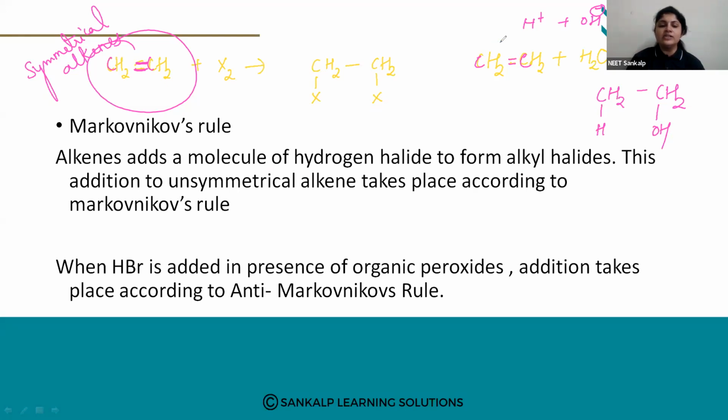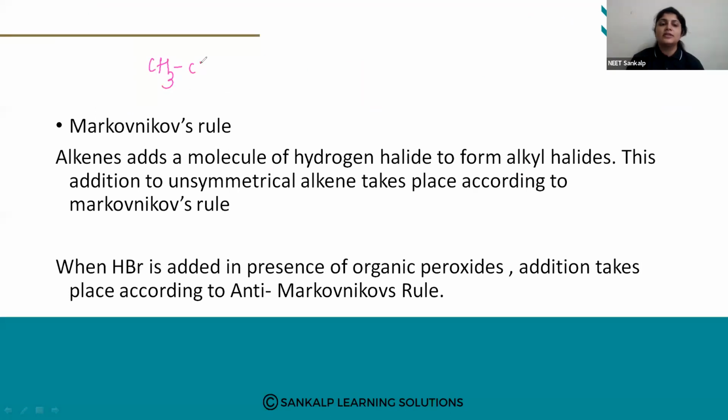So whenever you have a symmetrical alkene and you do an addition reaction, it will be the same, you can add across the double bond to any of the carbons. Now one more condition: CH3, CH double bond CH2 plus X2, or I'll take plus water. Now how will we add it?